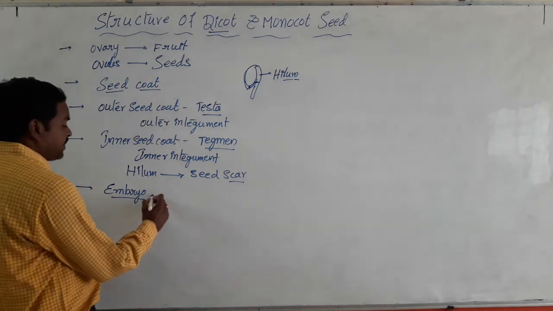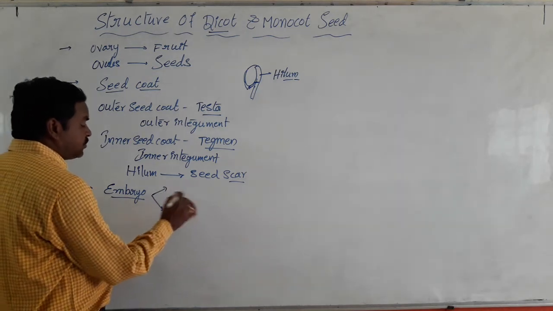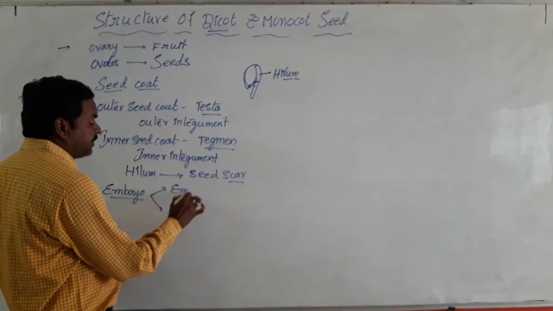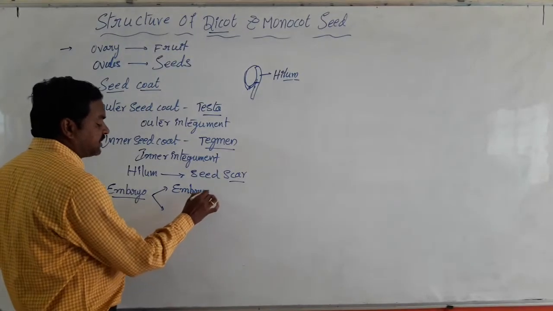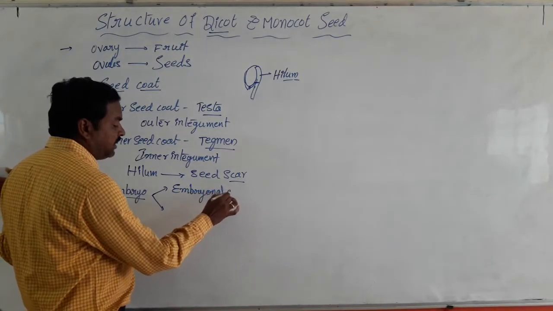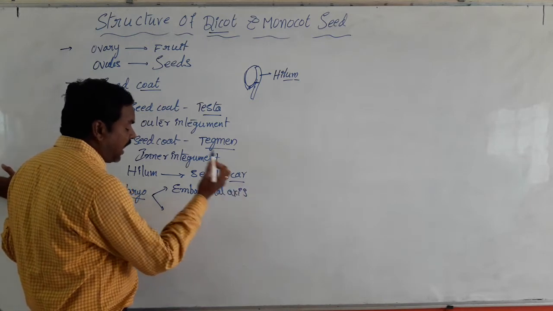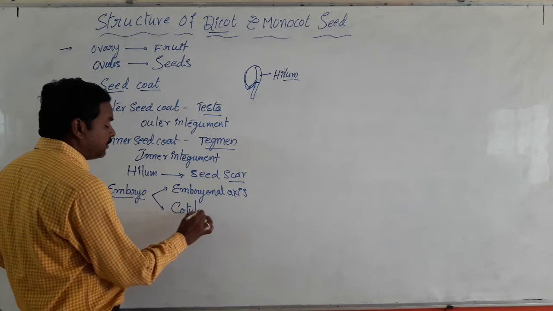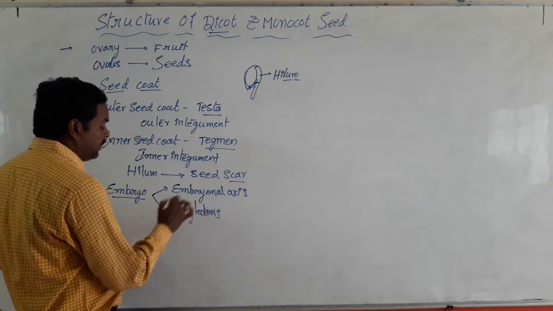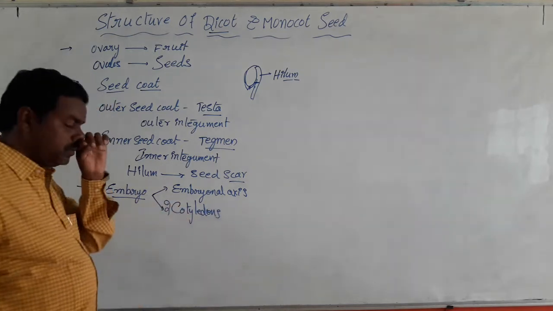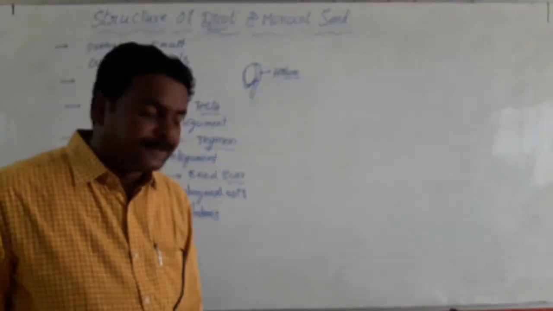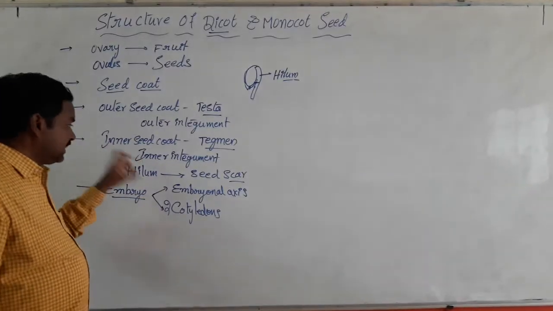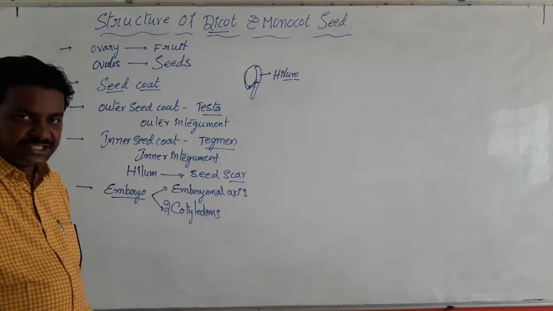Now, this embryo is represented by two parts, the embryonal axis and two cotyledons. That is the embryo present within the seed coat of a dicotyledonous seed.